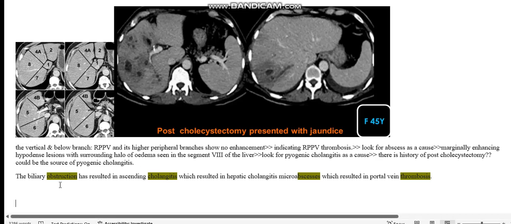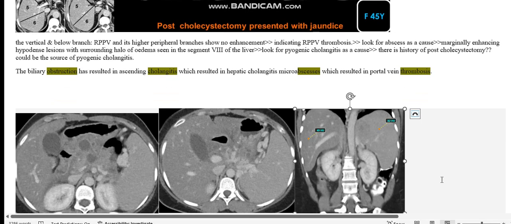So, as I mentioned, the biliary obstruction has resulted in ascending cholangitis, which resulted in hepatic cholangitic microabscesses, which resulted in portal vein thrombosis. So, that's all.